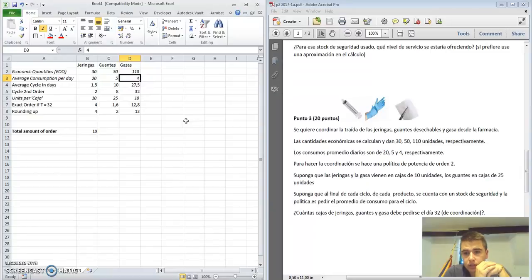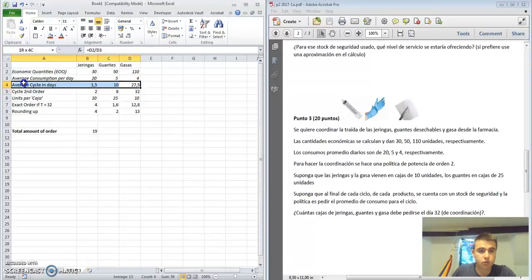The politics is to order the average consumption during a cycle. The average cycle, based on the optimal order quantities and the consumption per day, is calculated in row 4, average cycles in days, which is basically 30 divided by 20, 50 divided by 5, and 110 divided by 4.